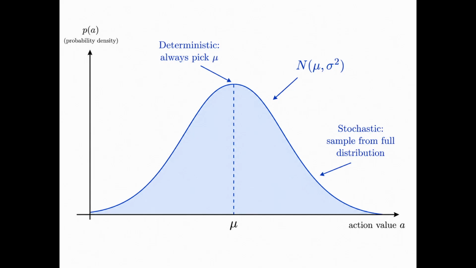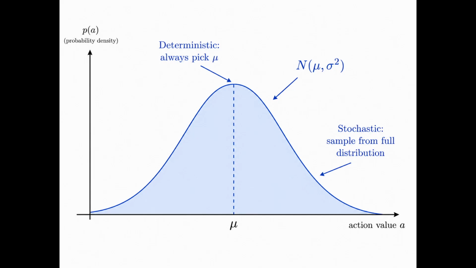Handles partial observability. When the same observation can correspond to multiple underlying states, a stochastic policy can model the ambiguity. Convergence guarantees. The policy gradient theorem applies cleanly. At convergence, stochastic policies can represent optimal mixed strategies.